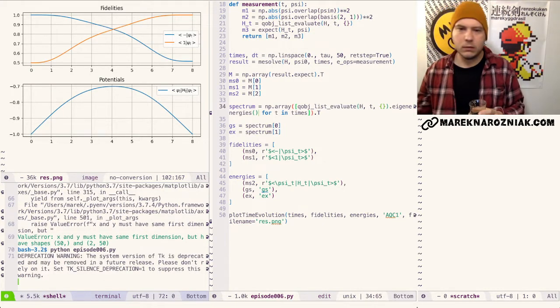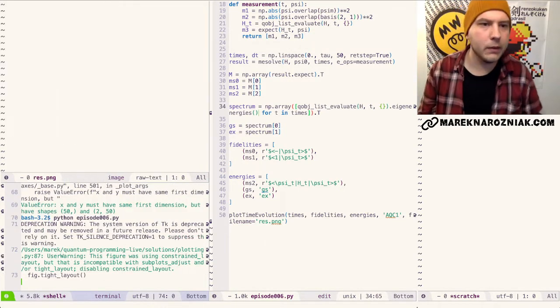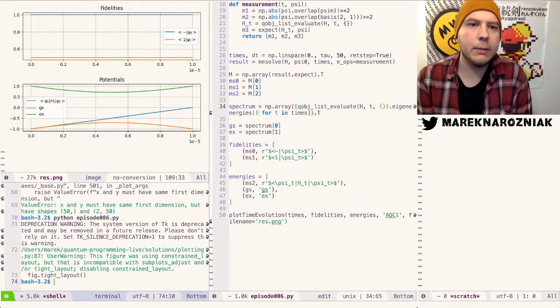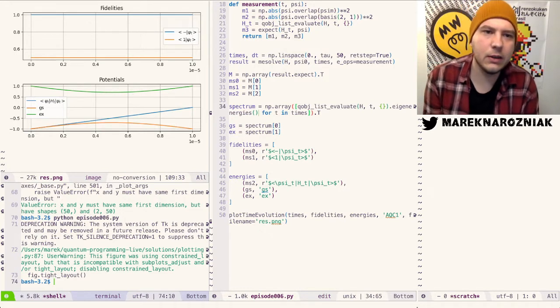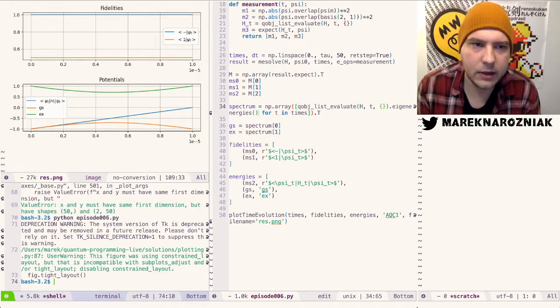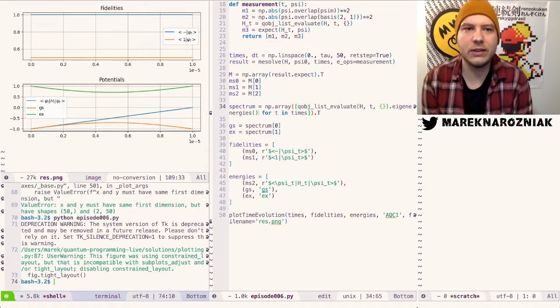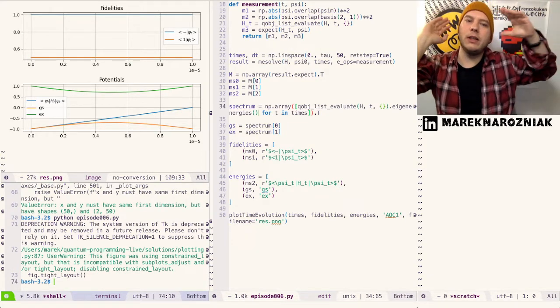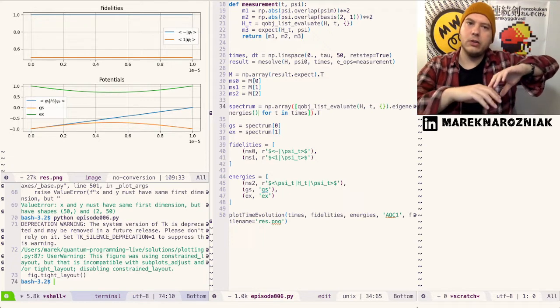Should I open another one? I think we're close to done here. Okay, we got it. In the bottom plot, the potentials, we now see three curves. The green one is the excited state, the orange one is the ground state, and the blue one is whatever energy occurs during our time evolution.